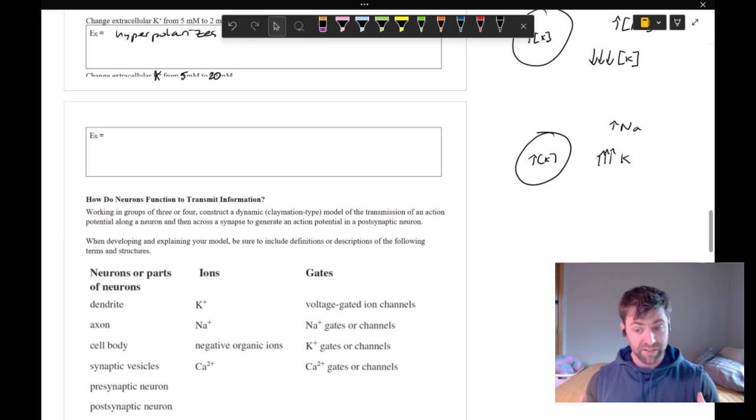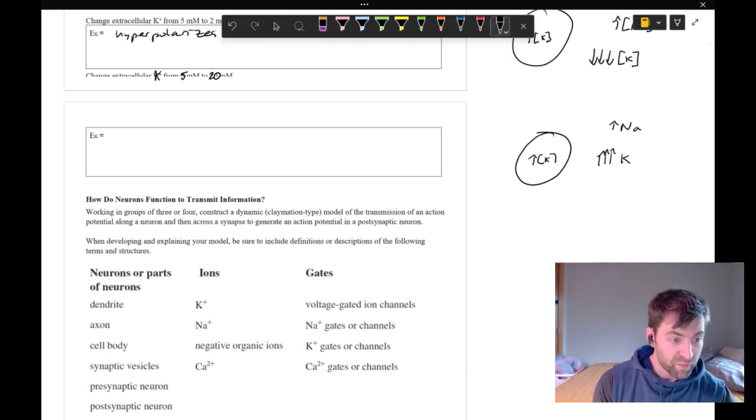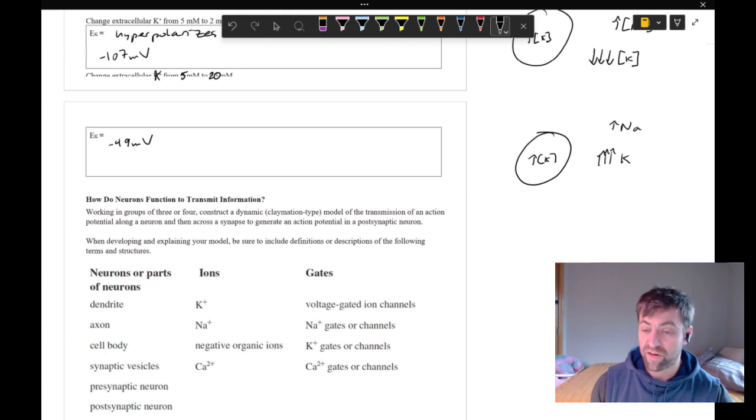We can actually use our Nernst equation to find out what this difference is going to be quantitatively. And we would end up with a value for potassium that is at negative 49 millivolts. Up here it was negative 107 millivolts. So really big difference. Negative 49 millivolts is really close to the threshold potential for most organisms.